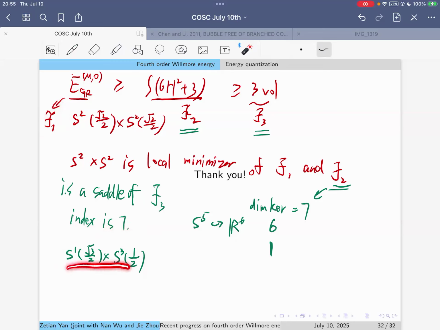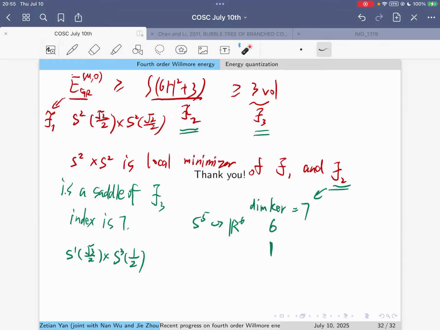However, it is exactly a critical point of F2 and F3, and the dimension of the kernel is exactly 7. So in other words, if you directly use F2, F3 and the dimension of the kernel, I don't think you can distinguish S2 times S2 and S1 times S3.